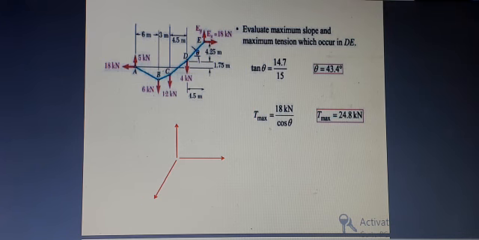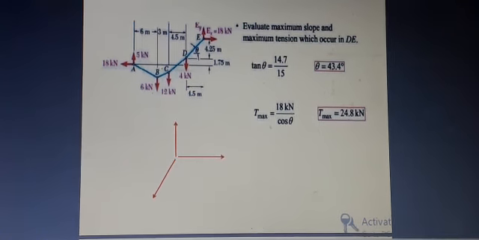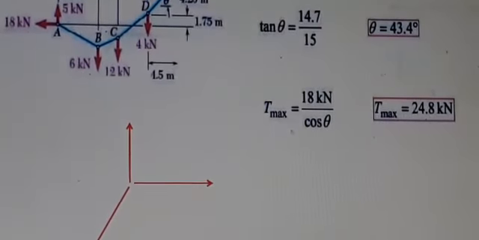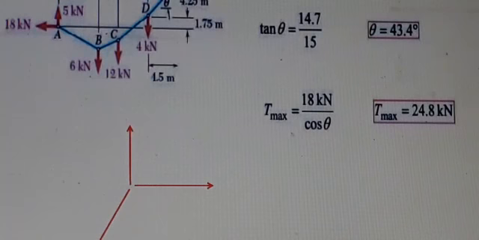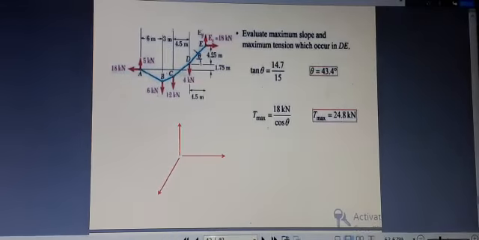So here the maximum tension is in portion DE, making an angle of 43.4 degrees, with T max equal to 24.8 kilonewton. You first calculate theta, that is the angle of inclination. Where the angle of inclination is maximum, the tension is maximum in that portion. So this is all about the analysis of cable. Thank you.